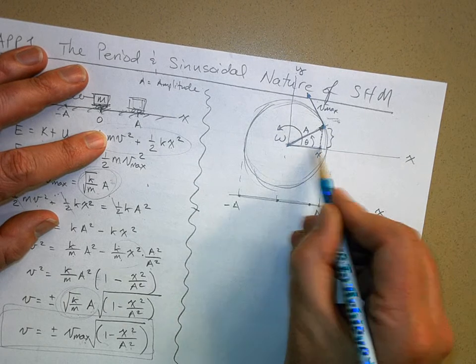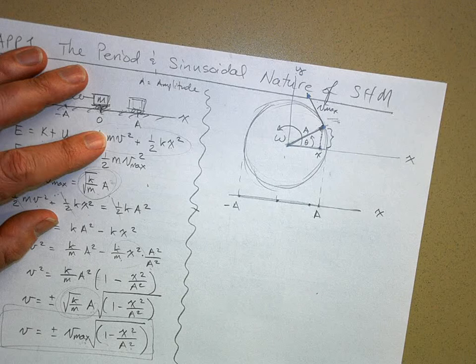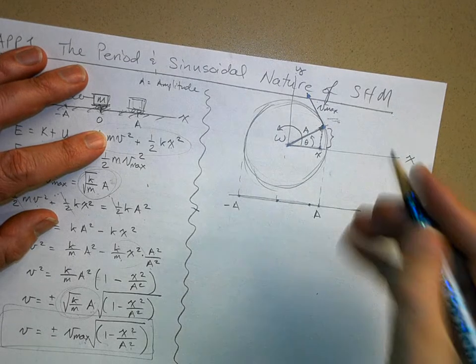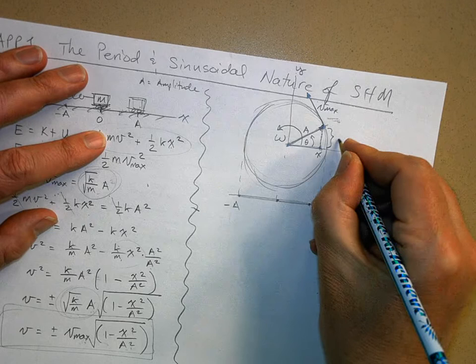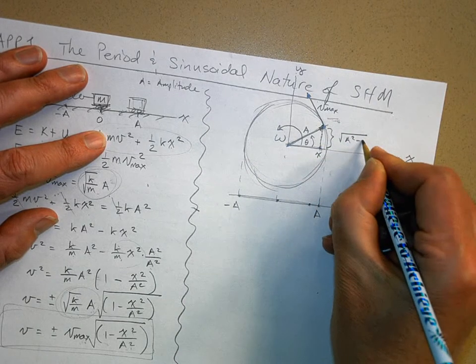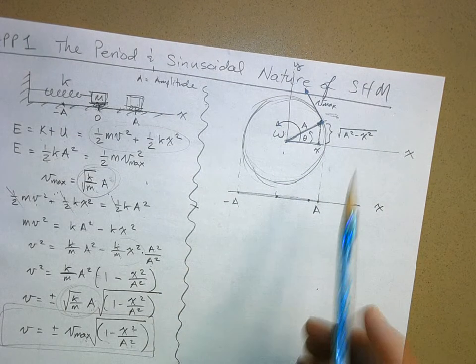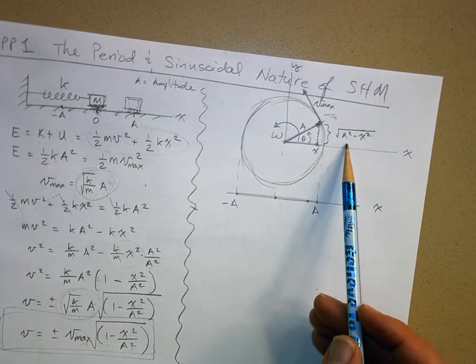This is X. This is A. What would this leg be? Well, it's a right triangle, so I would use the Pythagorean theorem, right? So this is going to be the square root of the hypotenuse squared minus x squared. Ooh, that kind of looks familiar from what we did before, doesn't it?